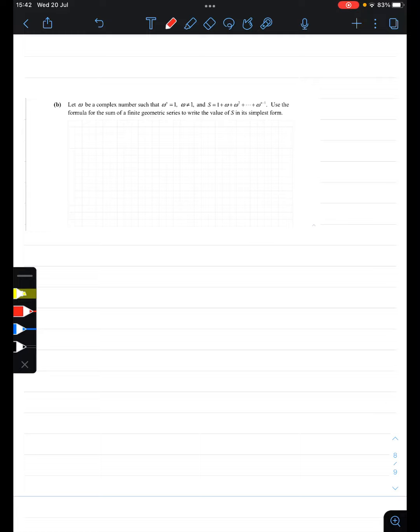So we know that omega to the n is 1. Omega does not equal 1. And s, our sum, is 1 plus omega plus omega squared plus ... plus omega to the n minus 1.